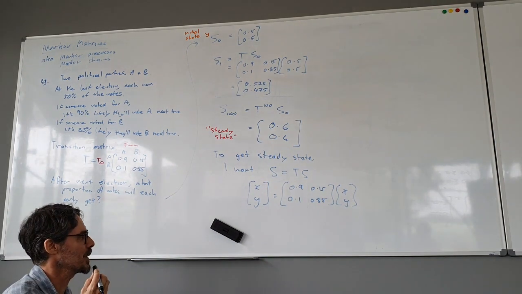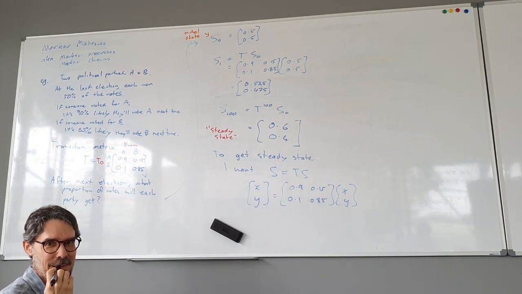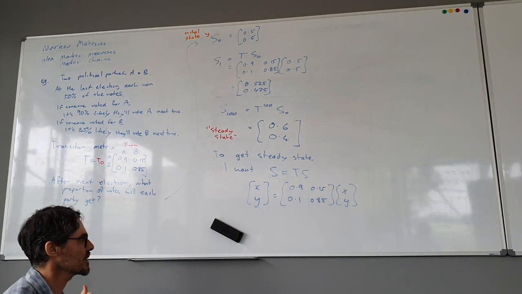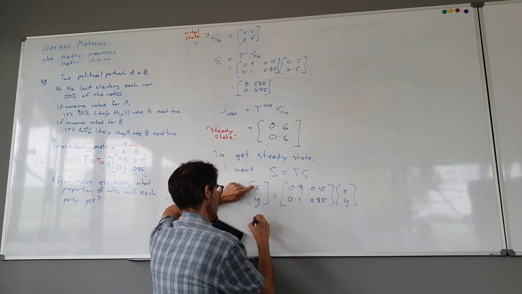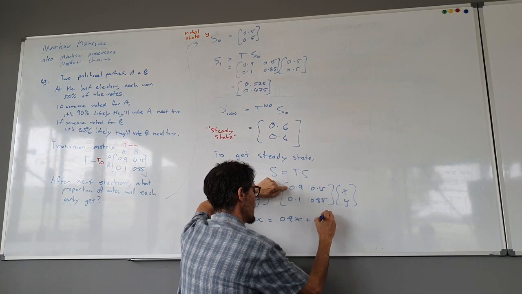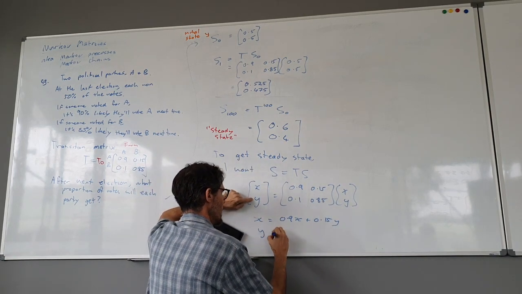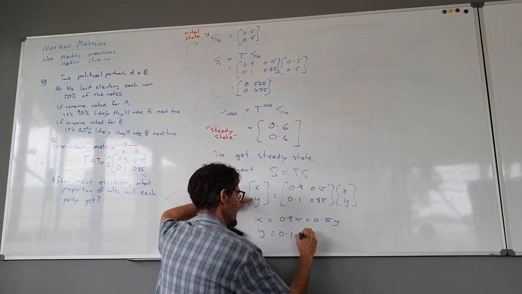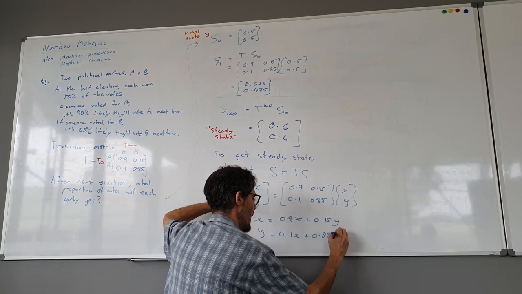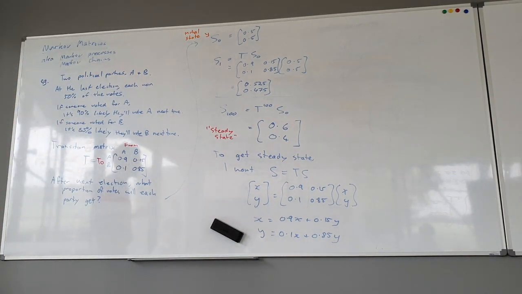Pick one of about 7 methods. Will it help if I write you an equation? X equals 0.9x plus 0.15y, and y equals 0.1x plus 0.85y. Can you solve those equations? Yes, you can. Two linear equations with two unknowns.